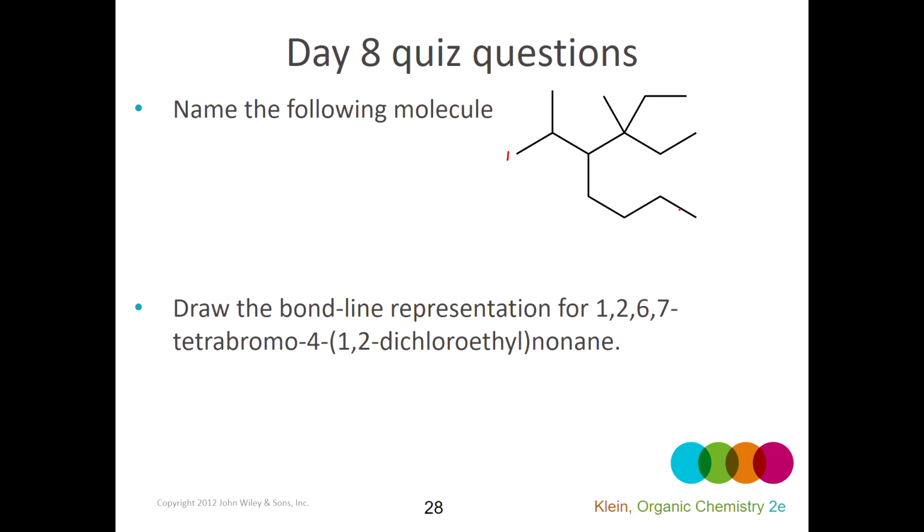So if this grouping down here is part of my parent chain, I want to number from the other side. So let's see, 1, 2, 3. If I number up into here, 4, 5, 6 is the longest I can do. If I number down here, 1, 2, 3, 4, 5, 6, 7, that's longer. So that has to be my parent chain.